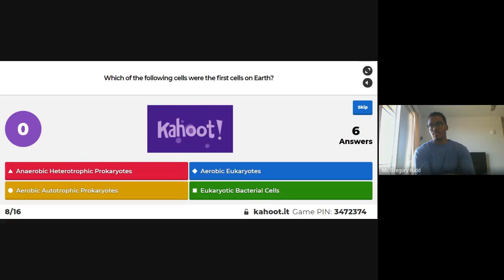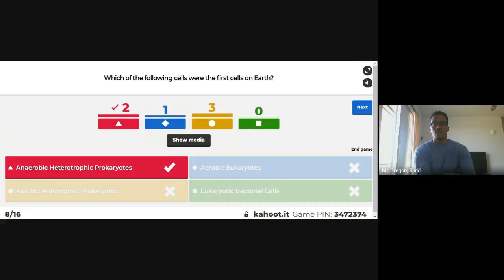Yes, anaerobic heterotrophic prokaryotes. Anaerobic because they didn't need oxygen to survive, since there was no oxygen in the atmosphere. Heterotrophic because they had to find food. They ate organic material in the oceans, and they were prokaryotes because they were very, very simple forms of life.